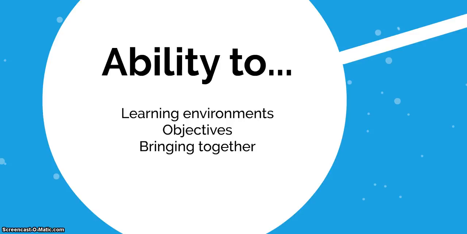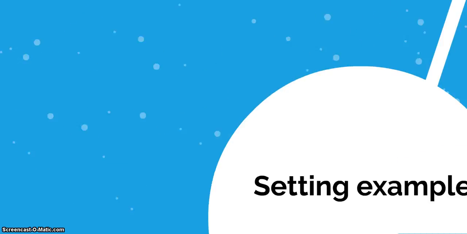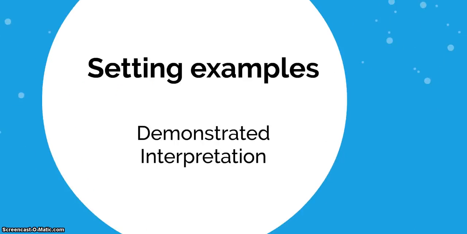And this can also pertain to bringing together information and showing it to your students. This can be done by just demonstrating how you do things and teaching your students how it works as well, and also how it is interpreted when you're using it.